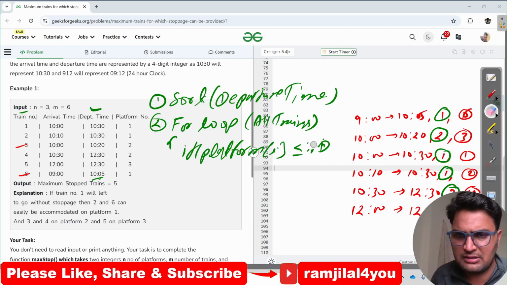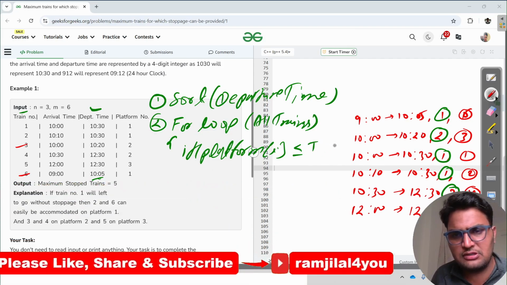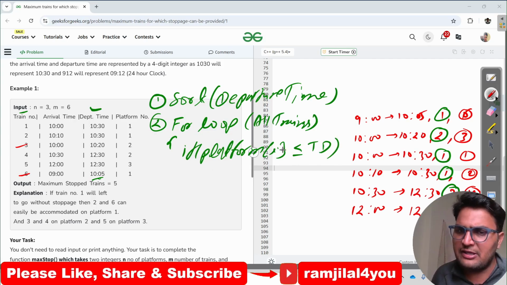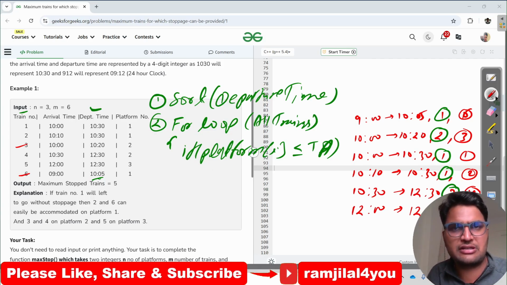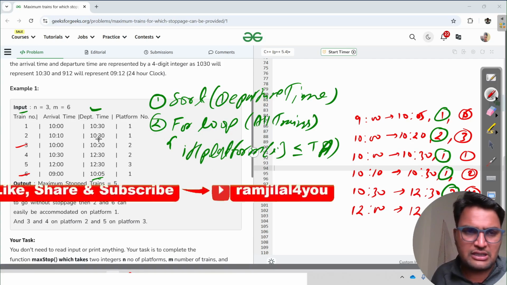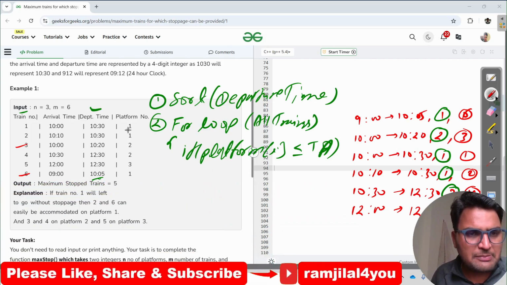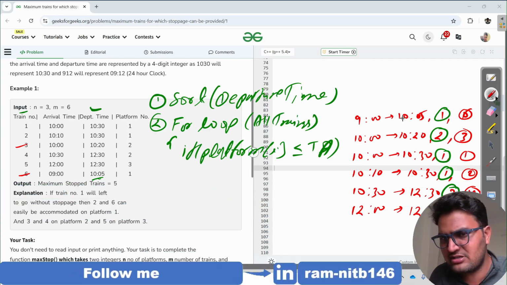So let me clear this one first. This is the train departure time. Sorry, here it should be the train arrival time, because on a particular platform a train may already be there. Now with the train data we have the platform also. For example, the first train is coming.